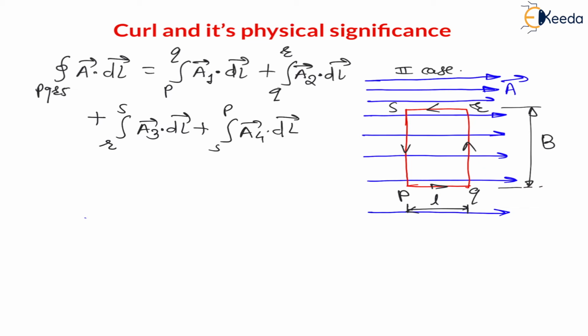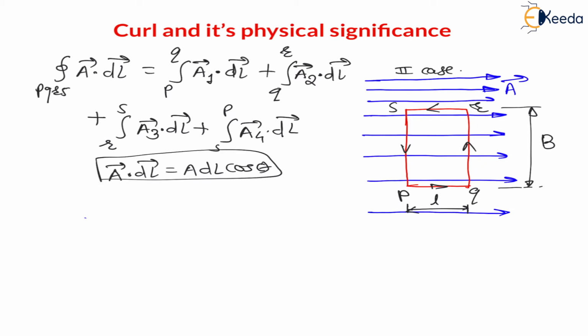Now, my dear students, we have already seen the dot product: vector A dot dl is nothing but A dl cos theta, where theta is the angle between A and dl, right? So using this formula, let us find the line integrals.